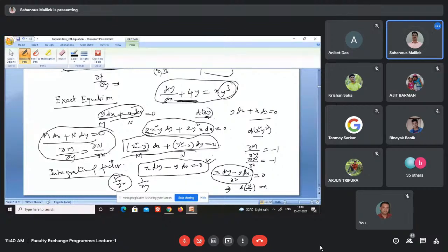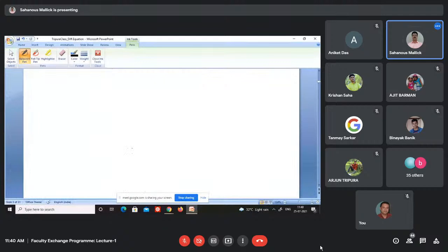So if we take the equation as M dx plus N dy equal to 0 and mu(x, y) as integrating factor, then multiplying by this factor we get mu(x, y)(M dx plus N dy) equal to du.